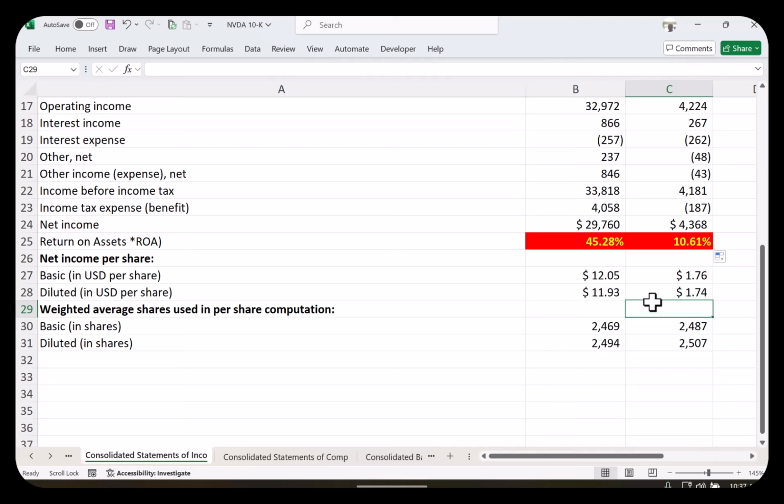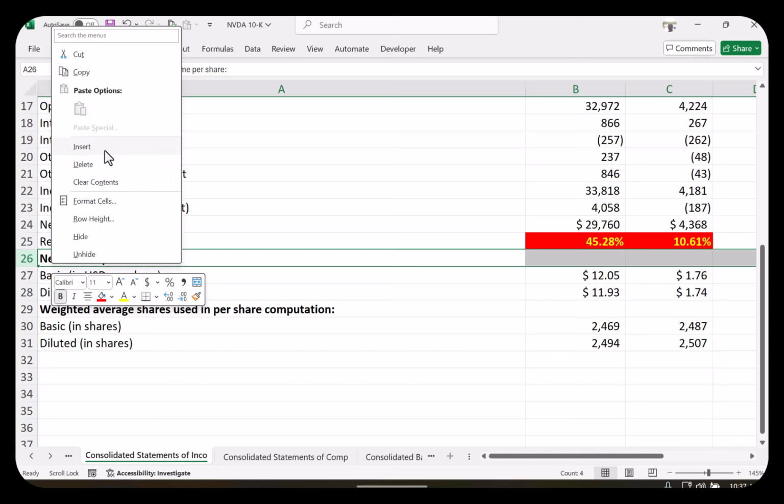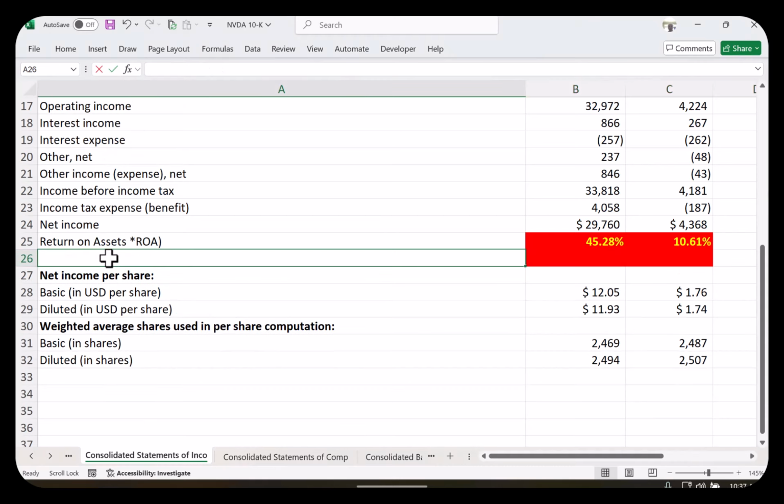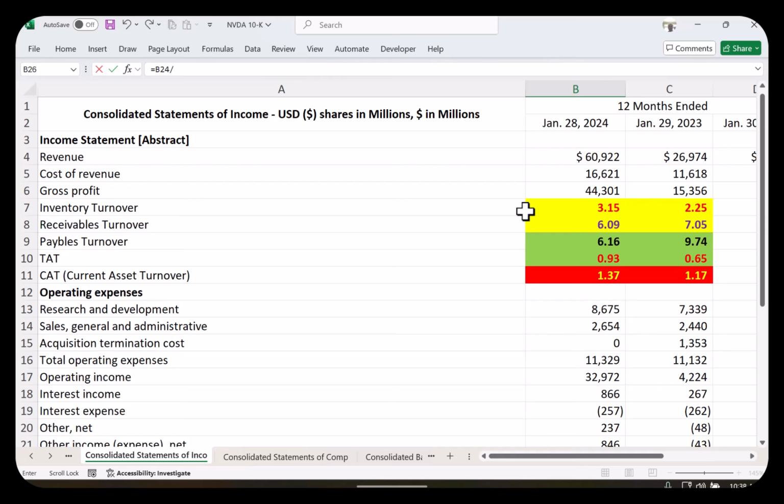Now, do we have that number high because PM is large or TAT is large? We already have TAT from above, so let's calculate PM, or profit margin. Thankfully, these are both right here.